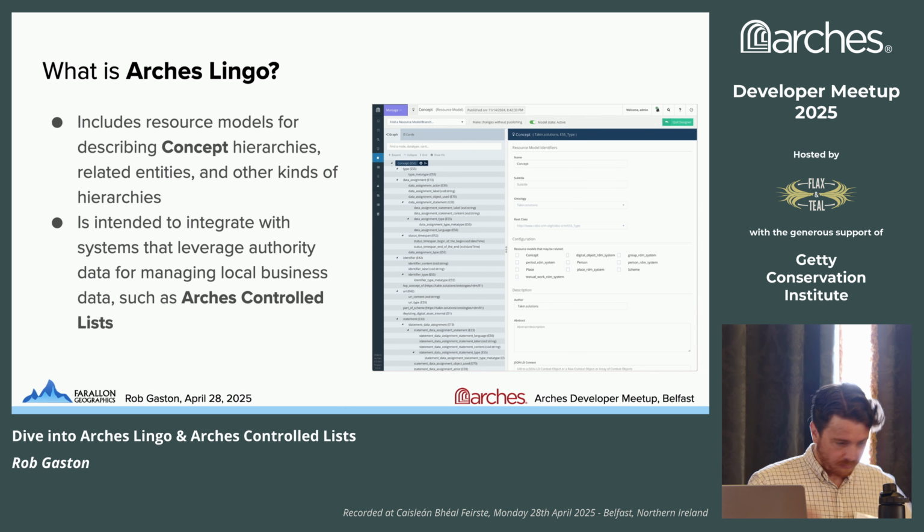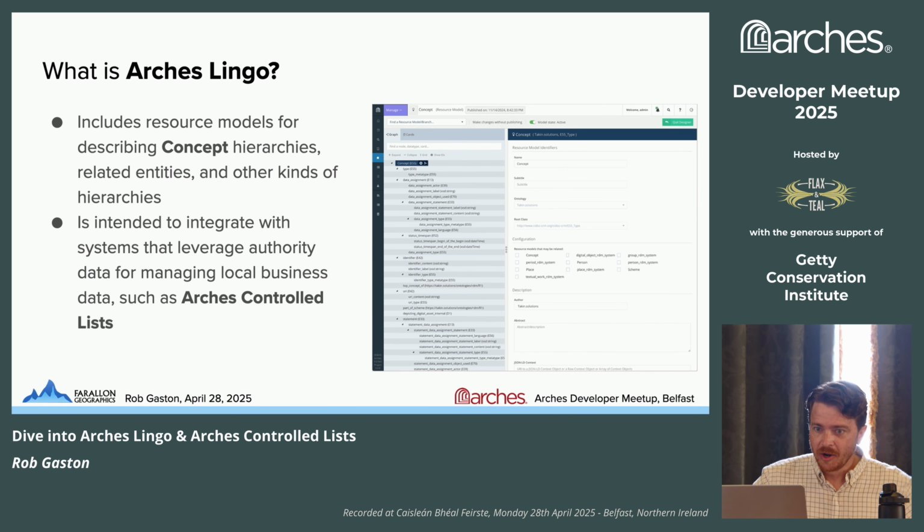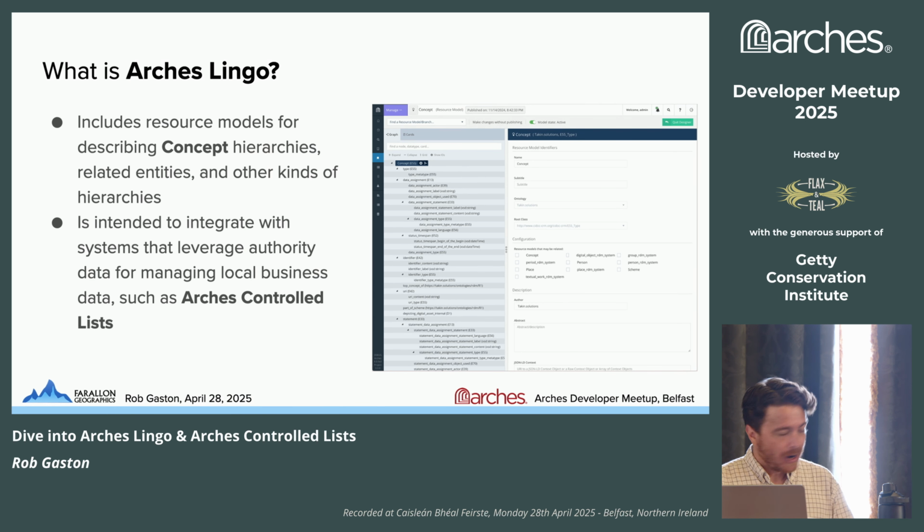These are data, authoritative data, that can be modeled hierarchically but are distinct from concept hierarchies. And the intention here is that these data that are managed canonically in Lingo would be integrated with systems that leverage authority data for making references to them. An example of that might be the thing I just showed you, Arches controlled lists, right?